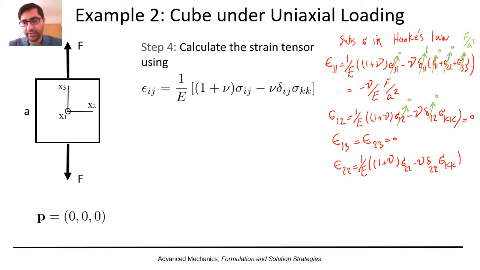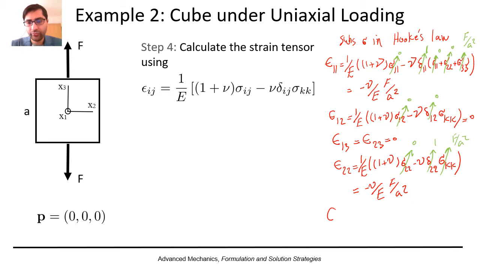And we already know that sigma kk is F over A squared. Delta 2, 2 is 1, but sigma 2, 2 is 0. So it results in minus nu over E, F divided by A squared.